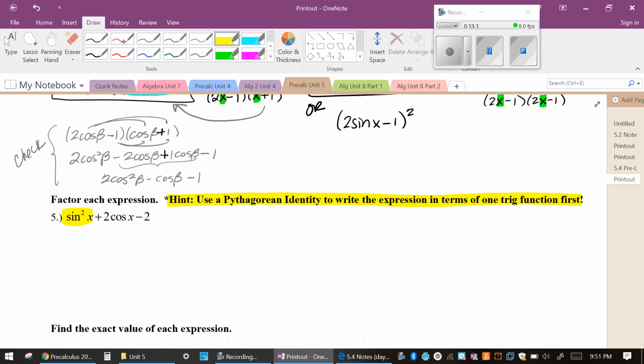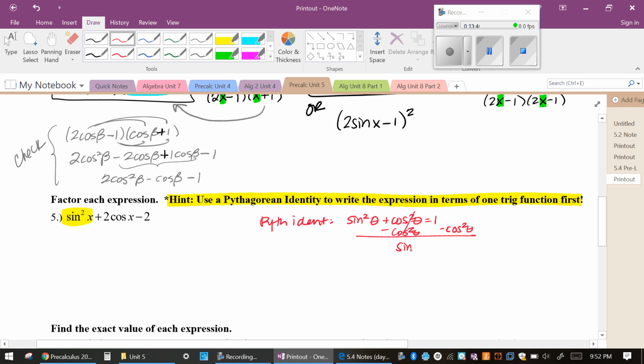Now, sine squared comes from the Pythagorean identity that says sine squared theta plus cosine squared of theta equals 1, or cosine squared of theta plus sine squared of theta equals 1. So, if I solve for sine squared, you can see that I can replace sine squared with 1 minus cosine squared.